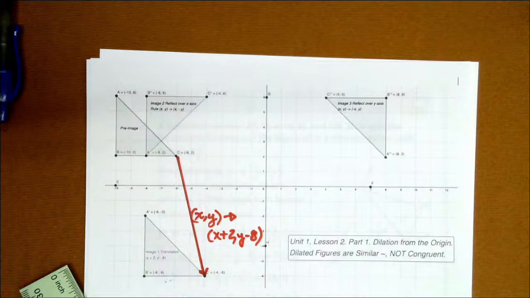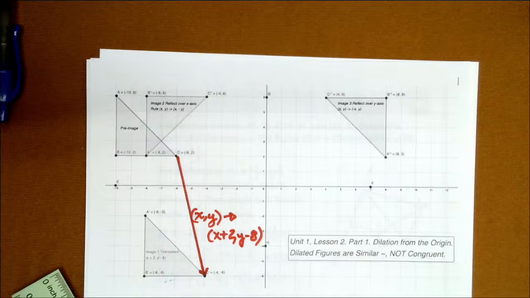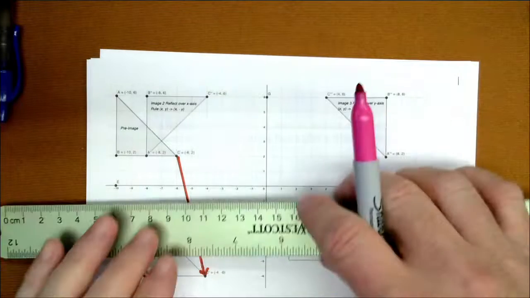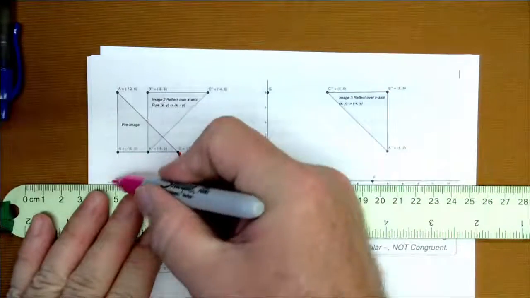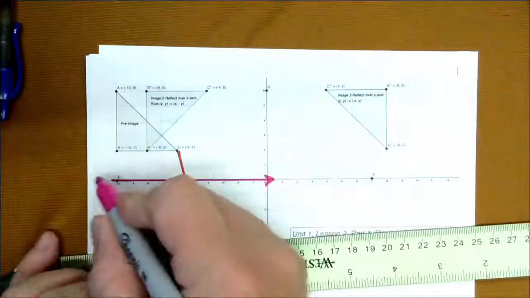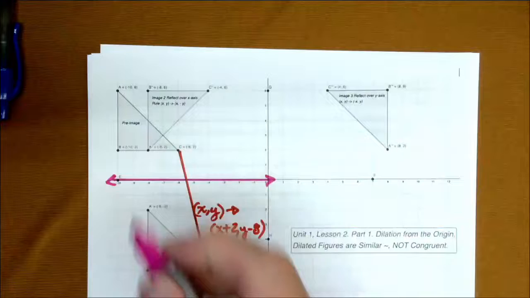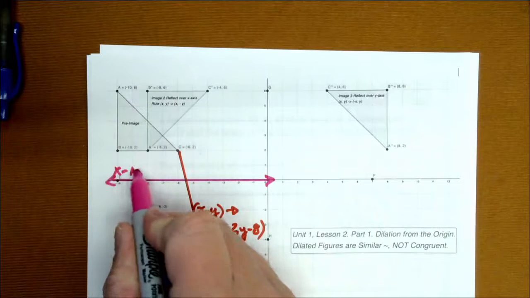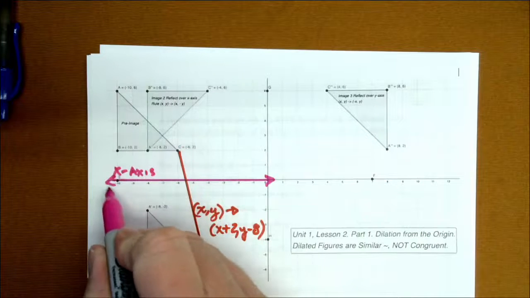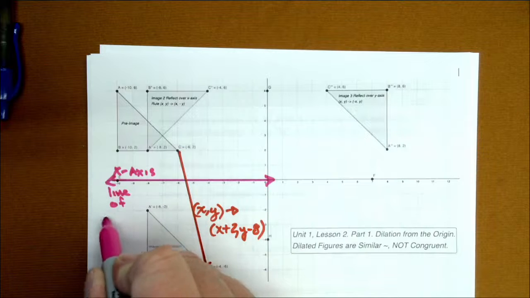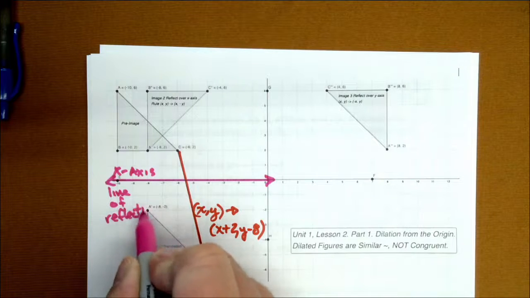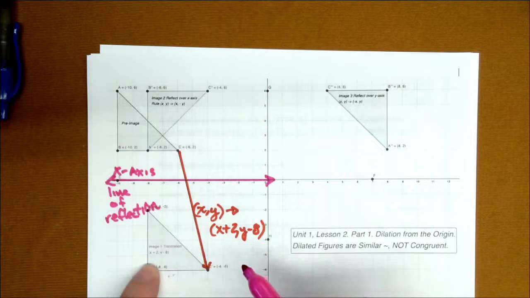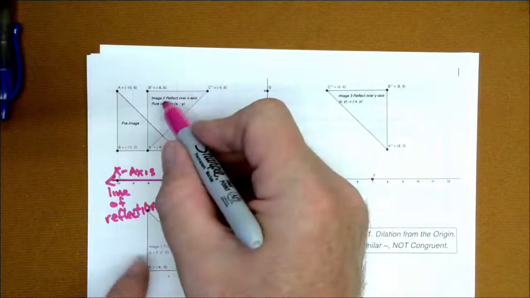Then we reflected over the x-axis. That was our line of reflection, the x-axis. That got us from image 1 to image 2.